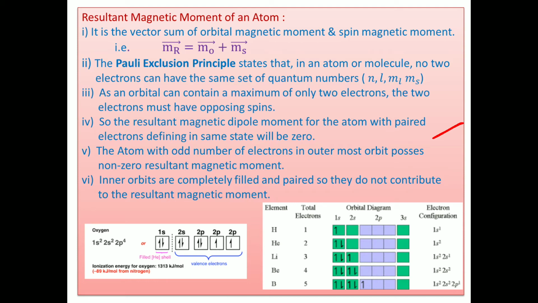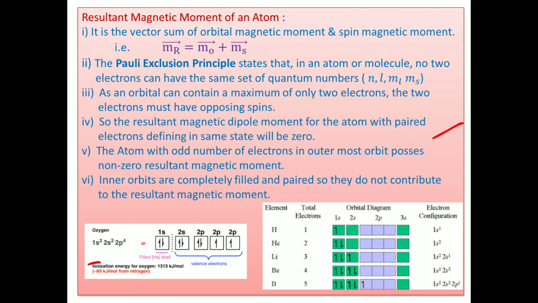Look at this figure. Suppose we consider the oxygen atom, not oxygen gas O2. How many electrons does it have? 8 electrons are there: 1s2, 2s2 and 2p4.